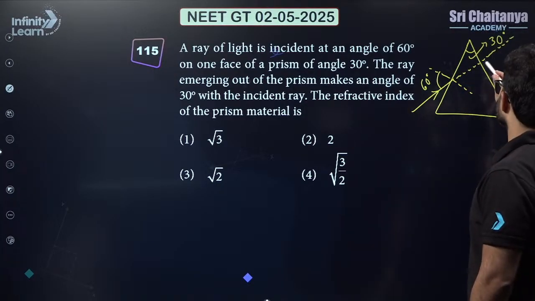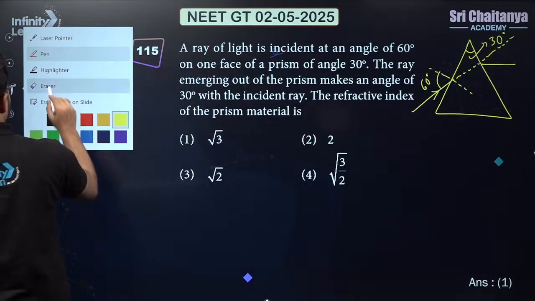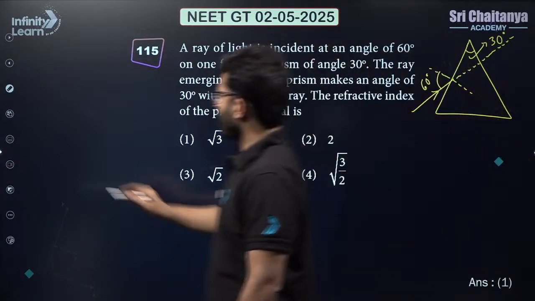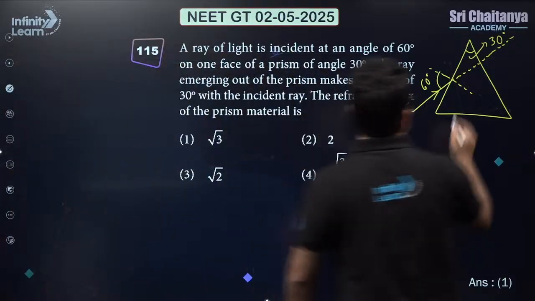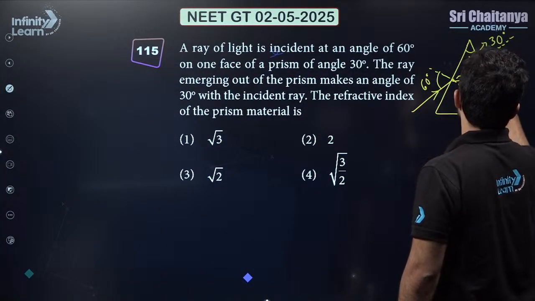So basically the ray which is emerging, it is something like this. Let me make a diagram first. So let's say it is going something here like this.